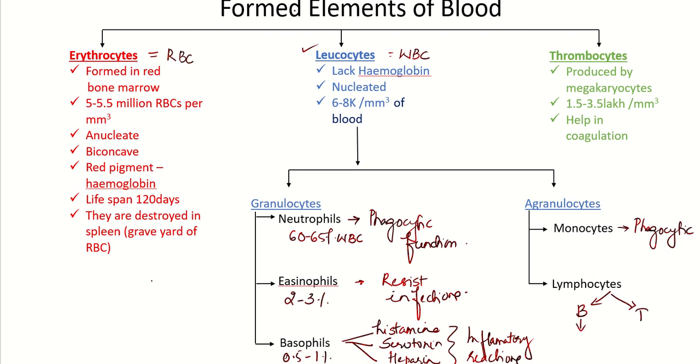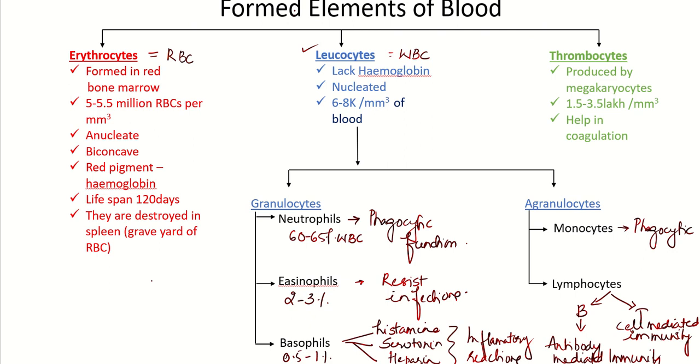The B lymphocytes are responsible for the antibody mediated immunity, and the T lymphocytes are responsible for cell mediated immunity. So they play a very important role in maintaining our immunity.